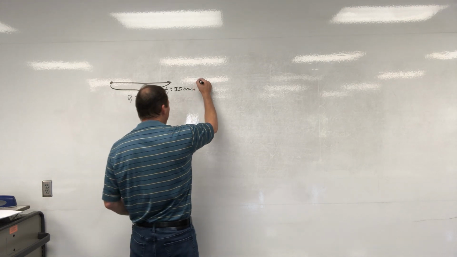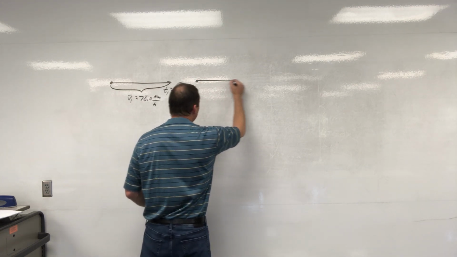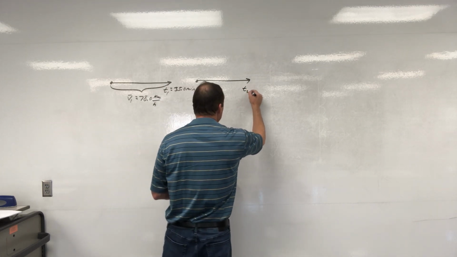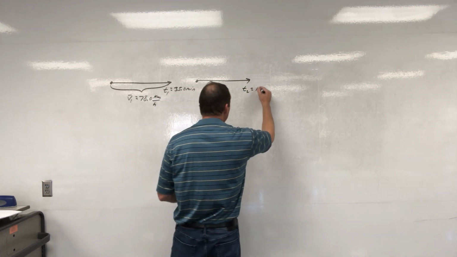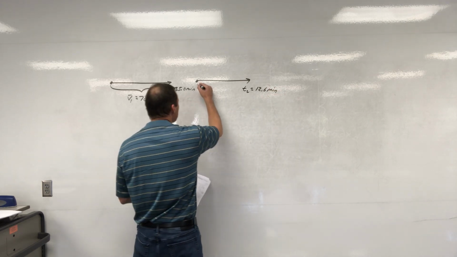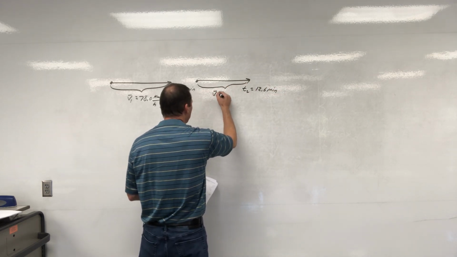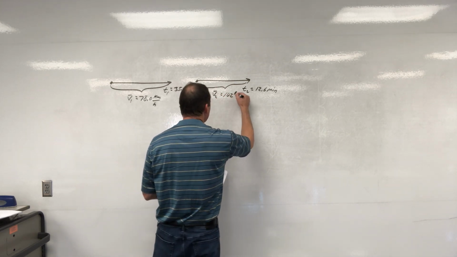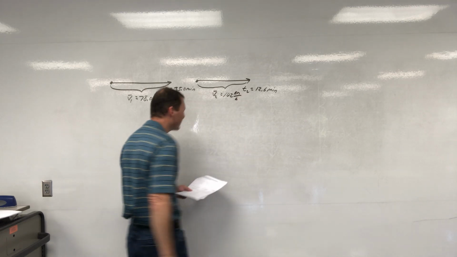So let's go ahead and do the second leg. There it is. And here she travels, we'll call it T2, 12.6 minutes. And average velocity, so V sub 2 average, is going to be 102 kilometers per hour.